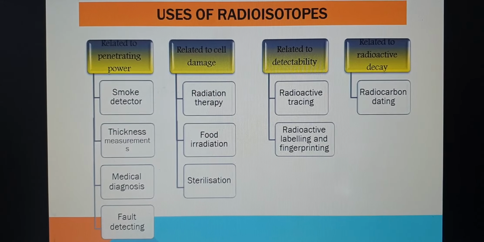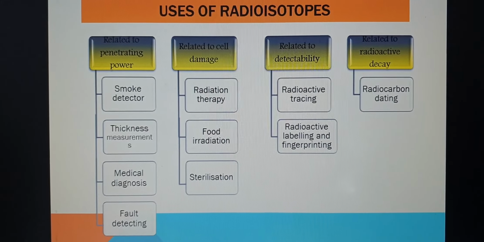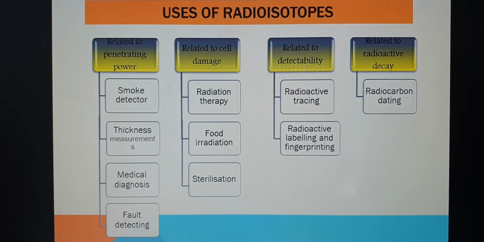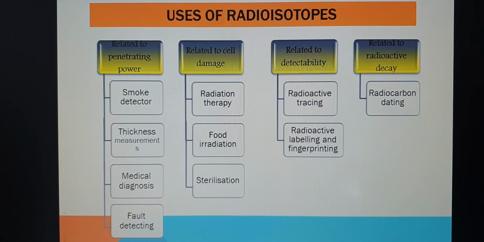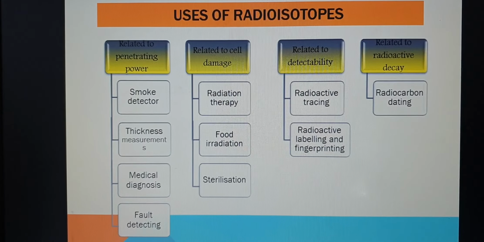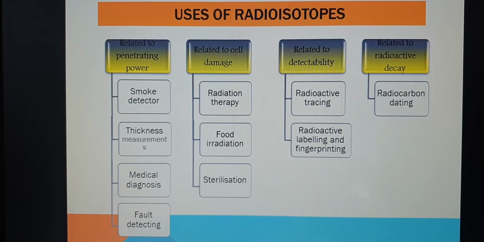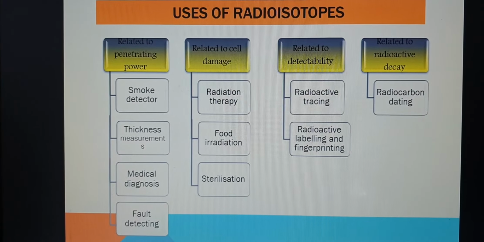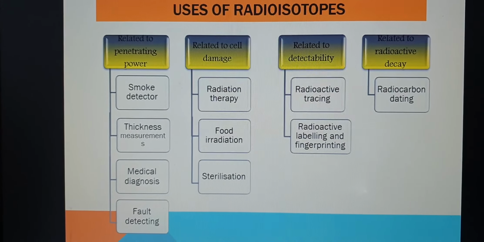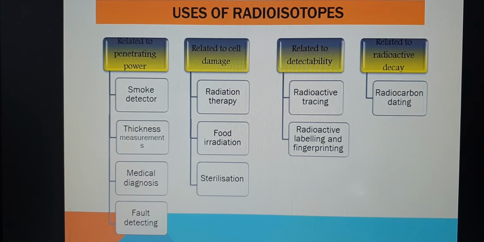Engineers use gamma radiation to trace the movement of water underground, as gamma radiation has a power of penetrating the metals and concrete. Radioactive labeling and fingerprinting. We can use gamma radiation to show up the pattern of a genetic fingerprint.